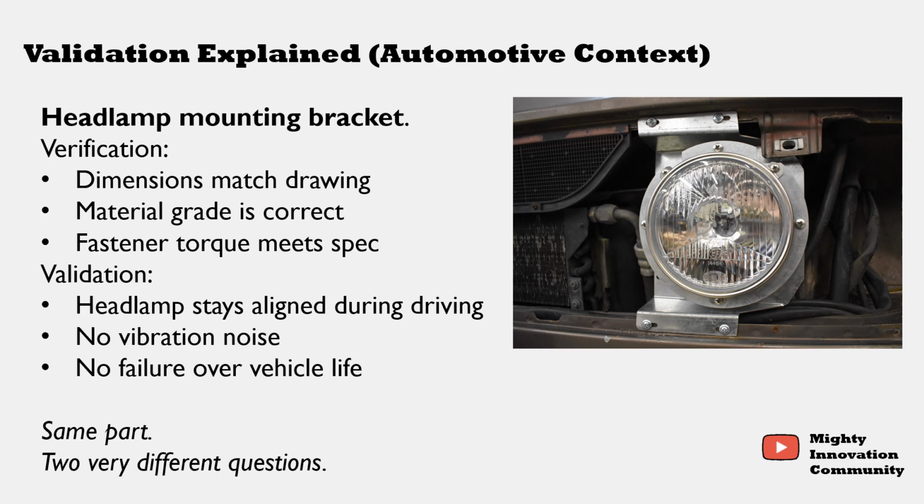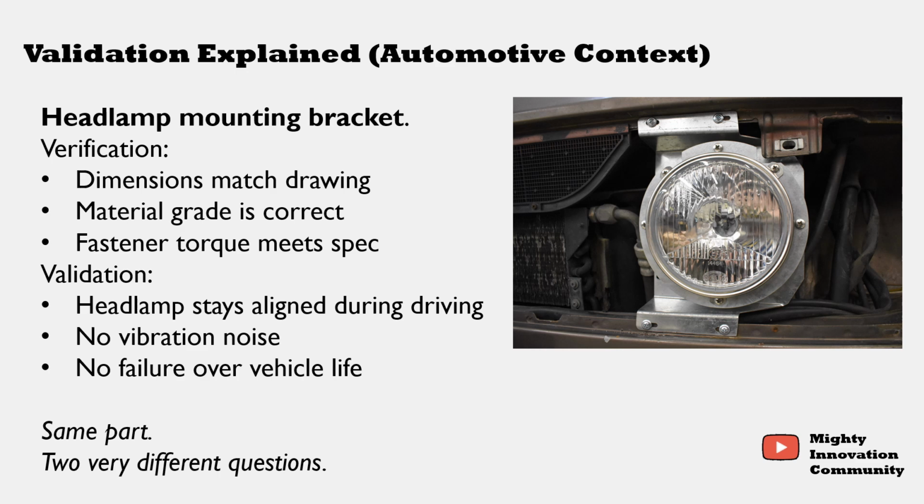So let's take a very simple example, a headlamp mounting bracket. The verification methods may be, does the dimension match the drawing? Is the material grade correct, or is the fastener torque we have decided meeting the spec? So these items are normally called verification methods.